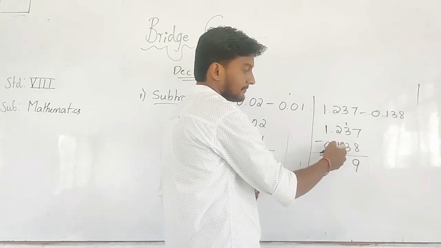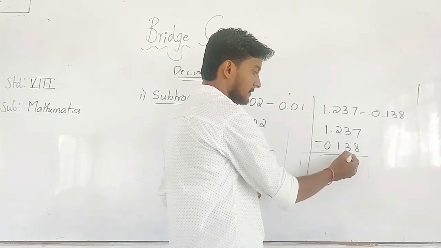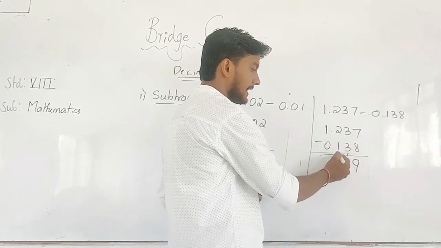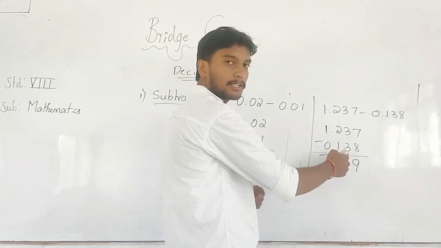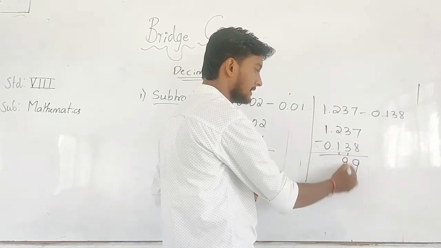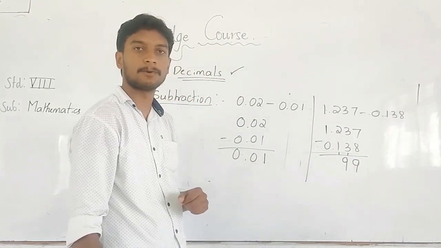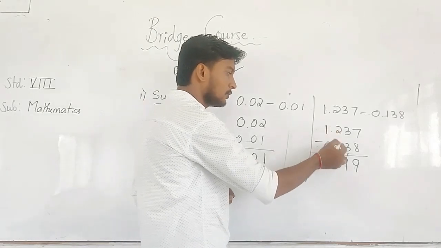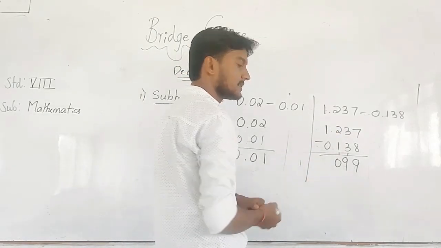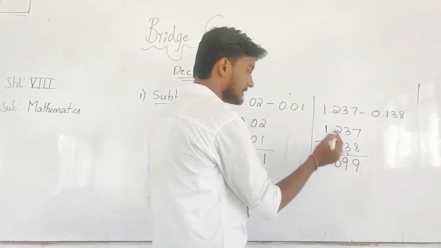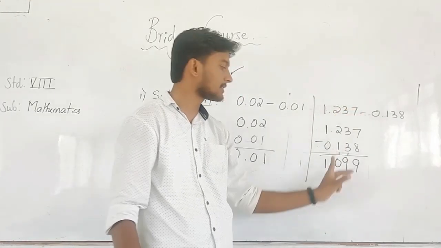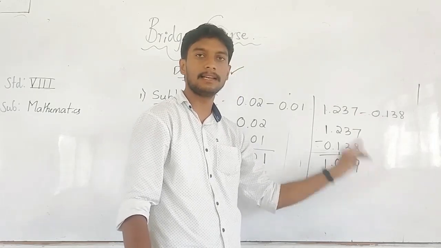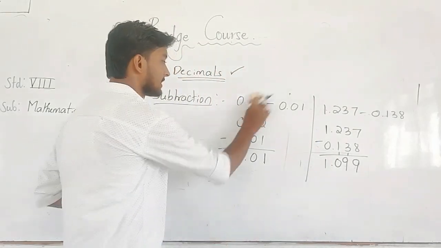Here again carry: 13 minus 4 is 9. 2 minus 2 is 0. The point stays as it is. 1 minus 0 is 1. If you subtract these two, how much do you get? 1.099. One more example.